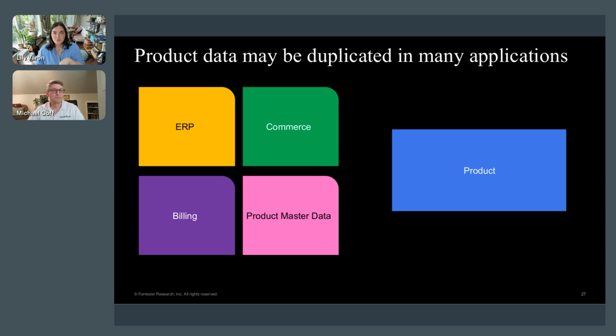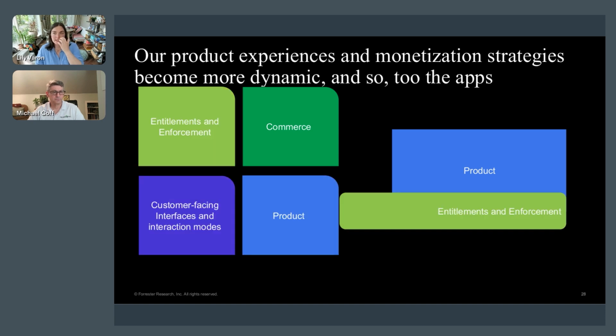I think where things get really interesting and a little bit more dynamic is when our product experiences and monetization strategies do become more dynamic in a usage world, so too do the apps that support those experiences.